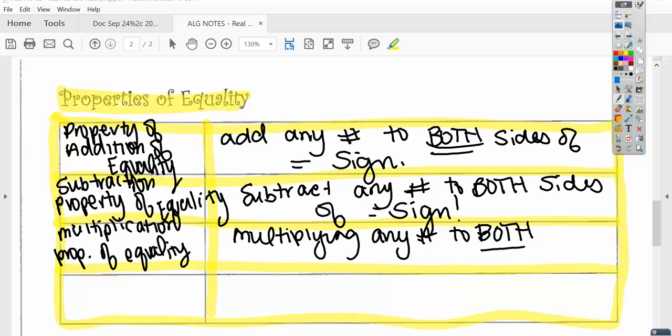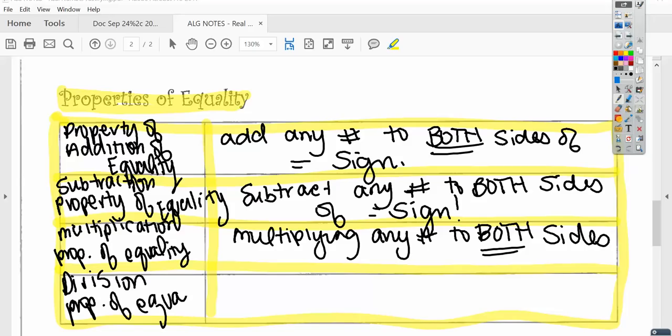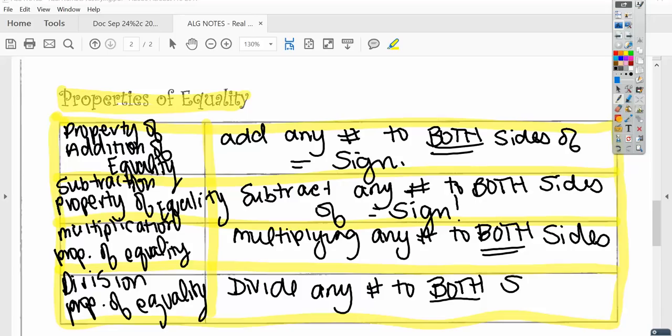And I just write both sides now, so you know that means both sides of the equal sign. And the last one is the division property of equality. So this means I can divide any number to both sides.